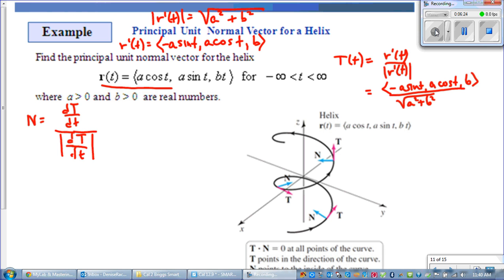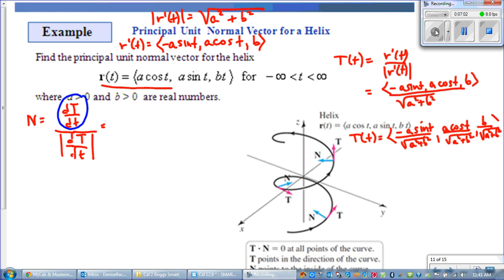Now in this formula, we want the derivative of that tangent vector with respect to t. So let me rewrite this so that I have the three separate components. The minus a over the square root of a squared plus b squared is just a constant. And that last component is just a constant, since there are no t's.